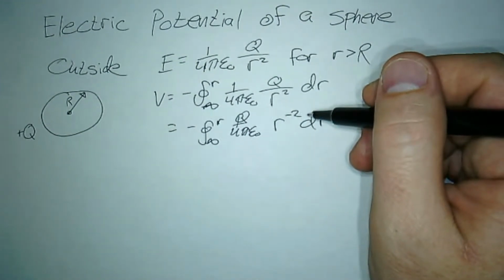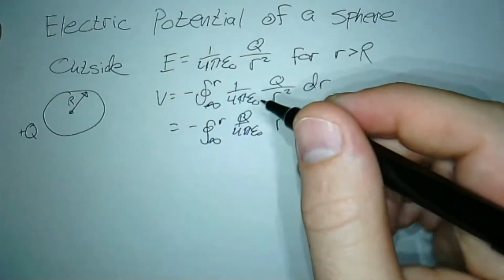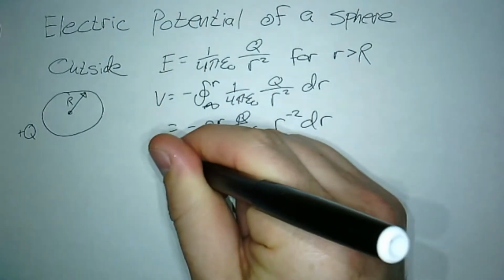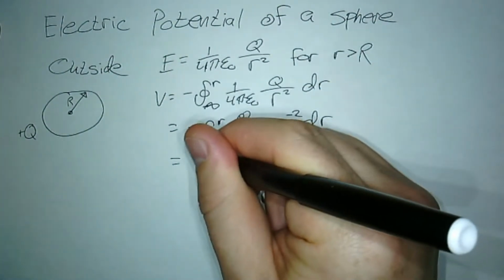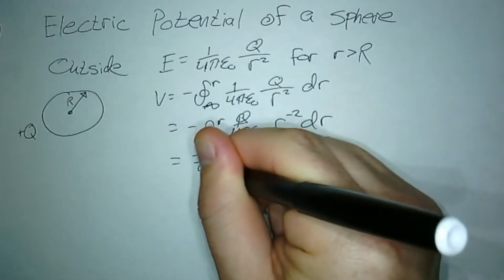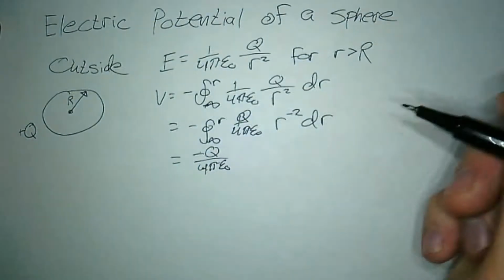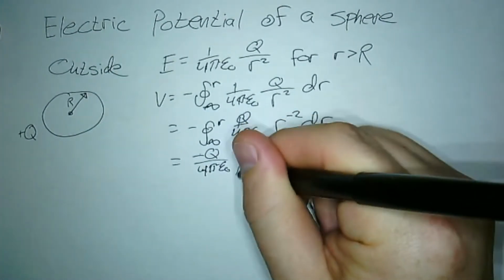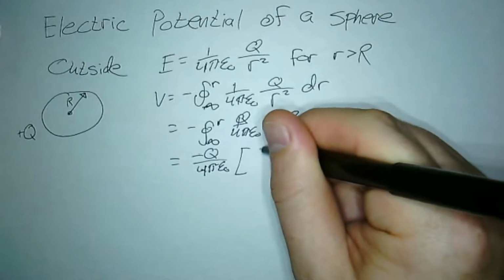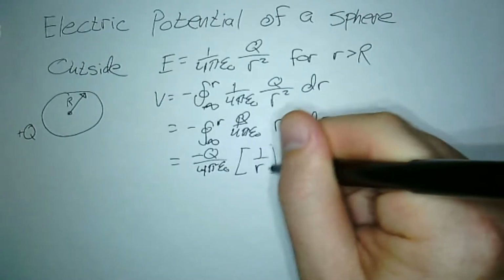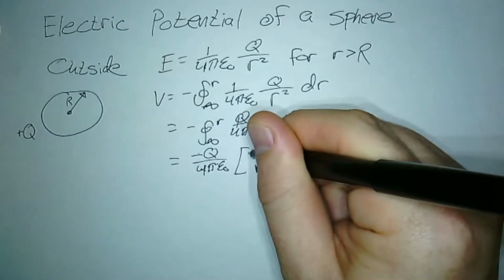It also helps me keep track if I pull that minus sign down. So this is going to equal minus q over 4 pi epsilon naught times r to the negative 1, or 1 over r, and can't forget that minus sign, right?